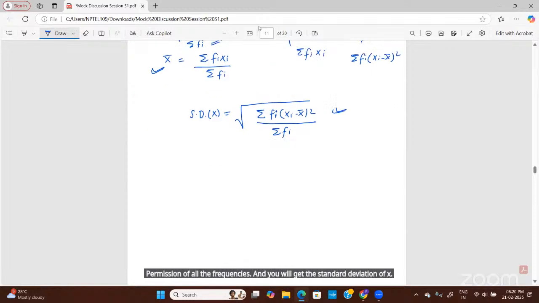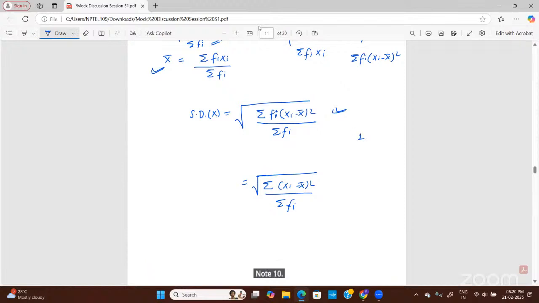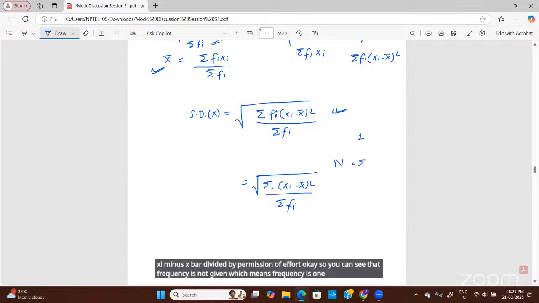If frequency is not given, then the formula is the same: square root of summation of (xi minus x bar) whole square divided by summation of fi. If frequency is not given, it means frequency is 1. N is nothing but the summation of fi.